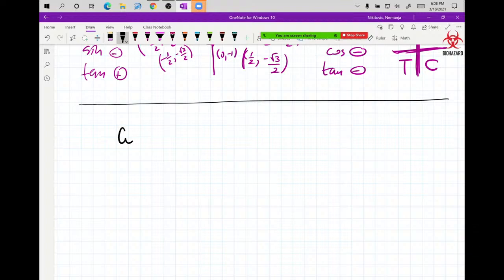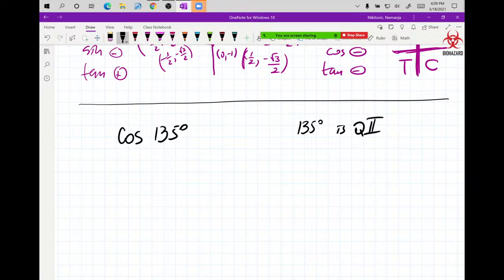So now I'm going to finally solve cosine of 135 degrees. So what do I know? Well, I know that 135 degrees is in quadrant 2. Well, how do I know that? Well, quadrant 2 is all of the angles between 90 and 180, right? And 135 falls in there.